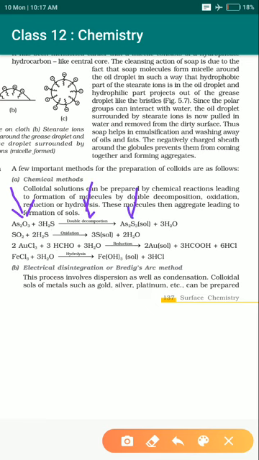It gives arsenic trisulfide, which is the colloidal salt that we need, and water.